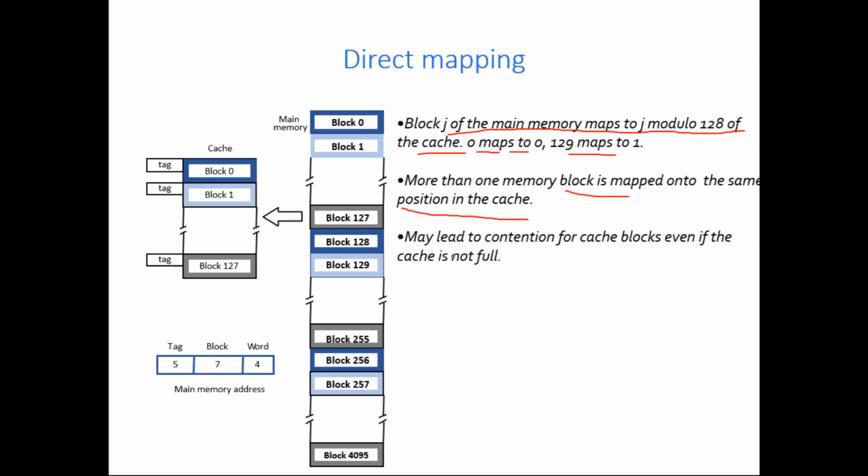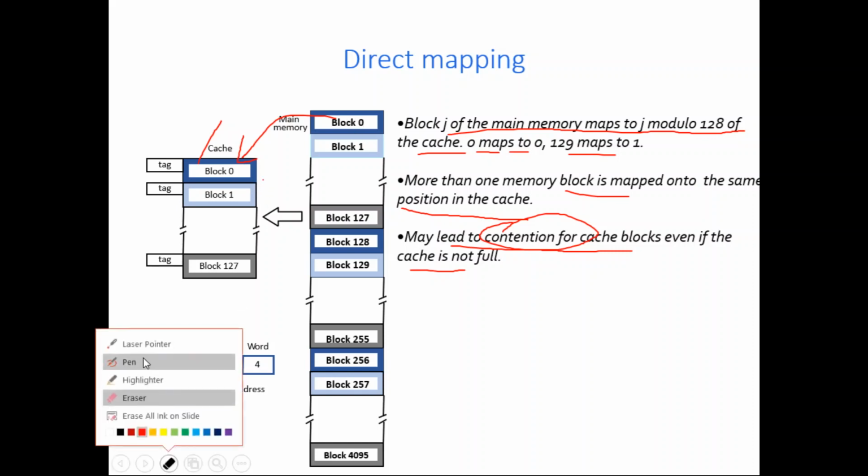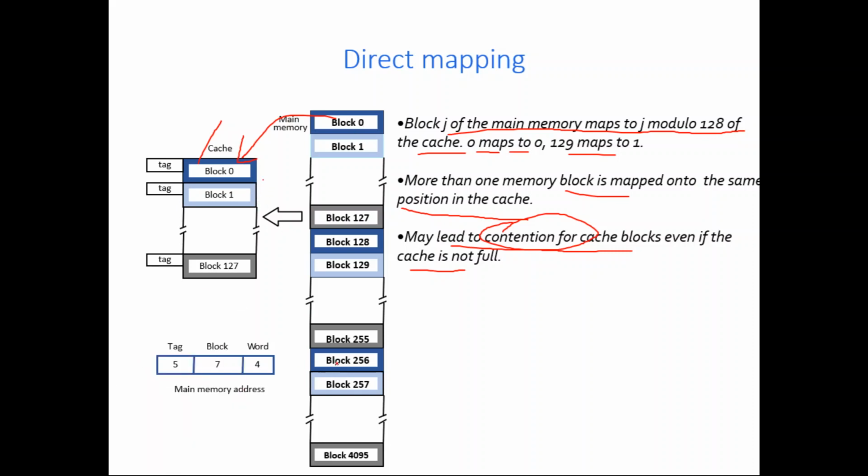That is a drawback. This will lead to contention for cache blocks even if the cache is not full. Contention means competing for a block. Main memory block 0 will compete for block 0 of the cache, and main memory block 256 also will compete for block 0 of the cache.